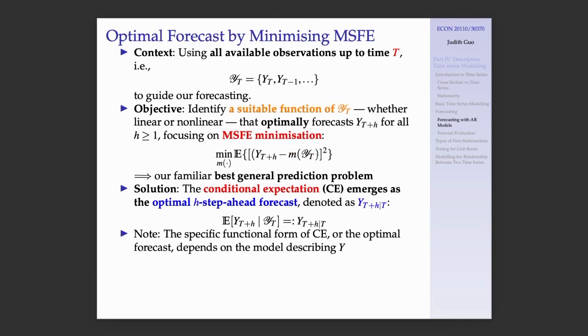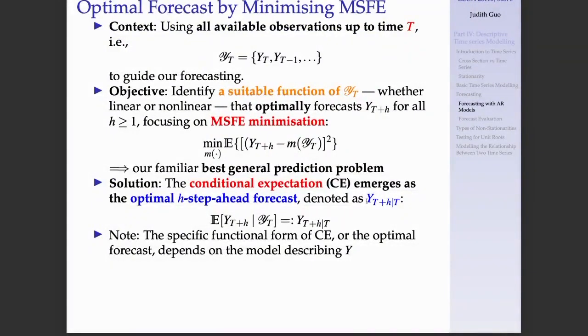The conditional expectation of Y T plus H, given all past history, is the best functional form of the past that best predicts the future in the sense of minimizing the MSFE, okay? A very typical notation here is that we denote the optimal H step ahead forecast using this notation.